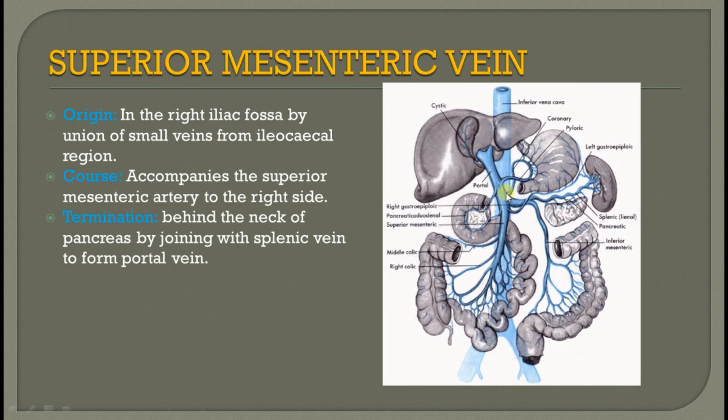It terminates behind the neck of the pancreas by uniting with the splenic vein, and ultimately it forms the portal vein. The superior mesenteric vein joins with the splenic vein to form the portal vein.